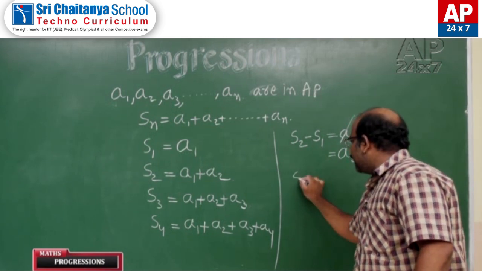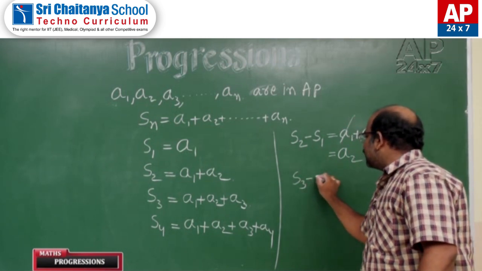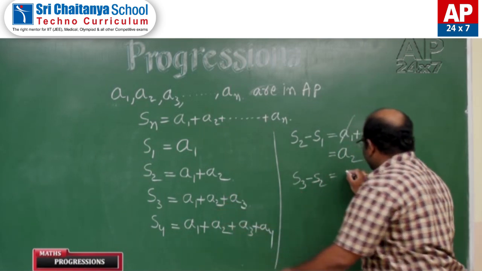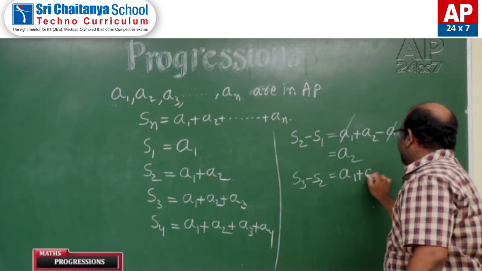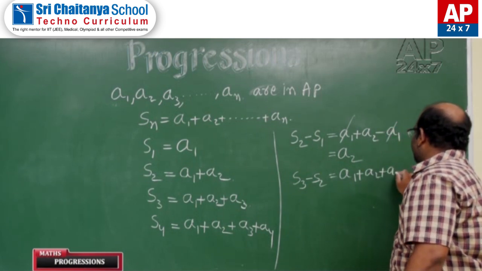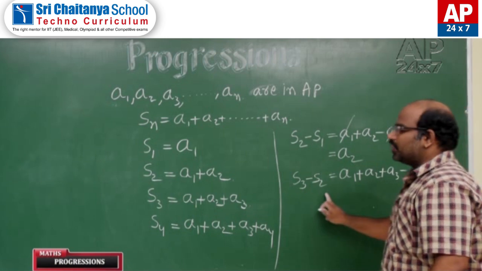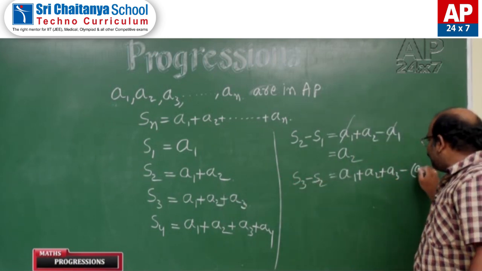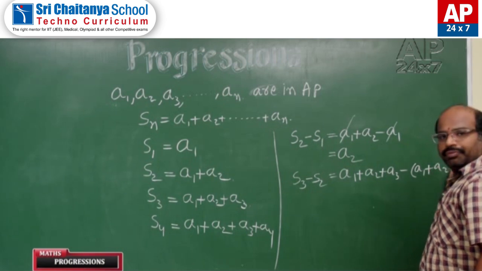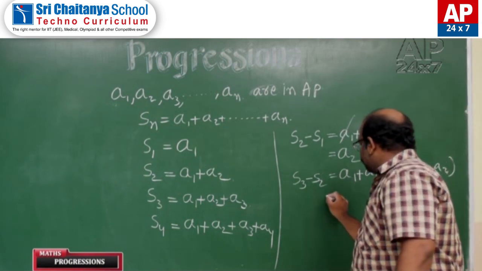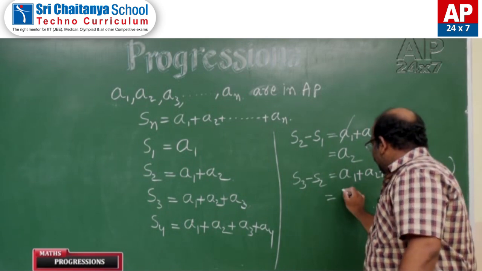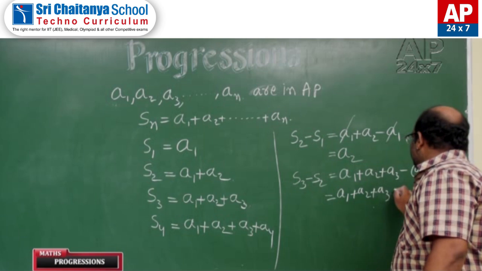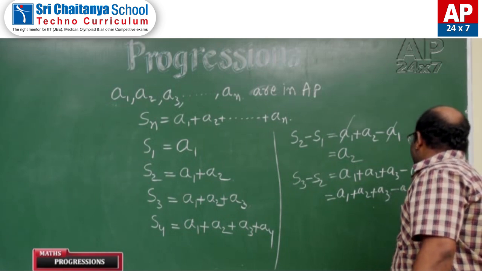Now, let us calculate S3 minus S2. What is S3? S3 is nothing but A1 plus A2 plus A3, minus S2, which means A1 plus A2. That is A1 plus A2 plus A3 minus A1 minus A2.